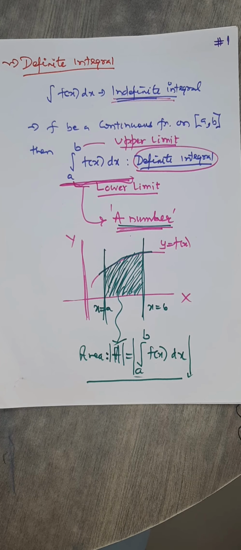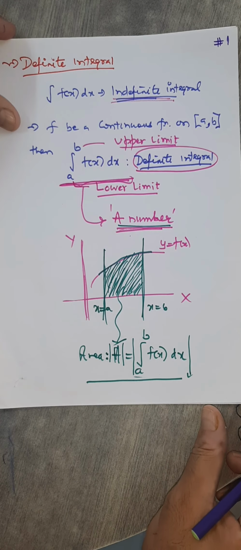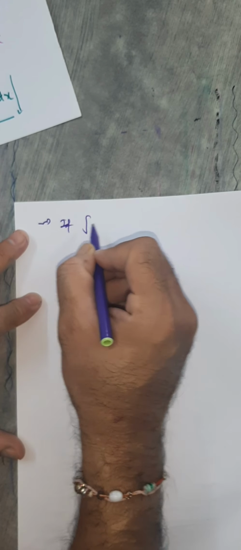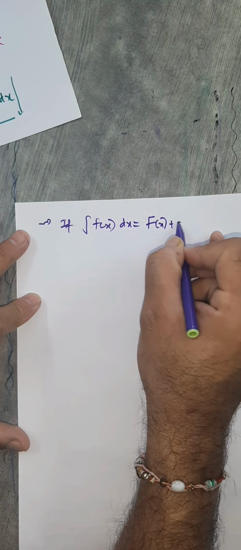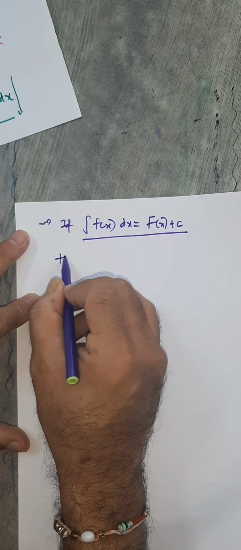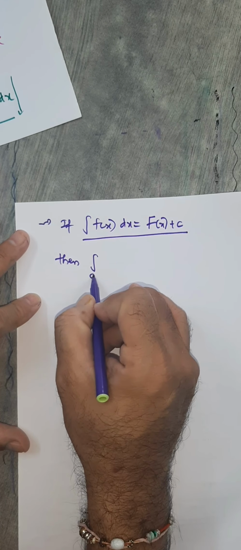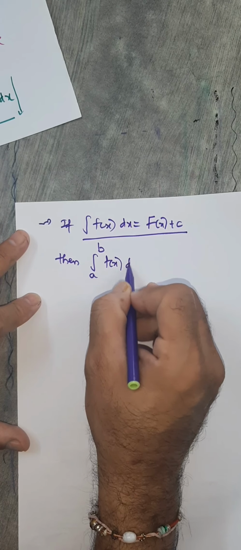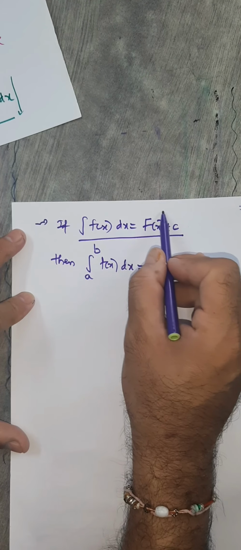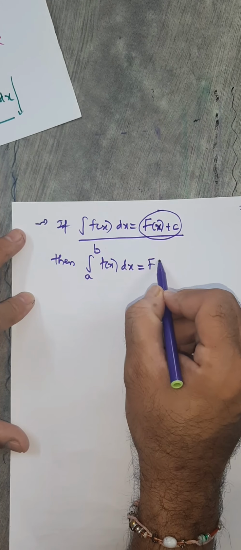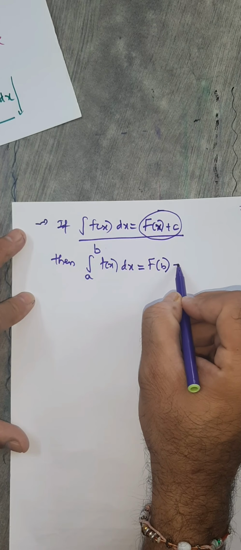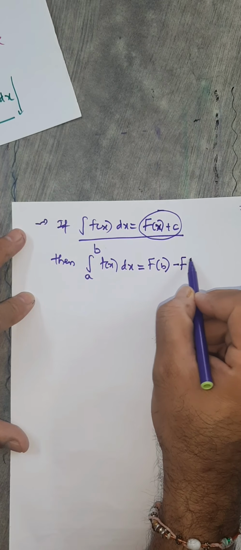Okay, so with this information, let's define the definite integral. The definition is based on indefinite integral only. If we know the indefinite integral of f(x) equals, let's say, capital F(x) plus c, then the definite integral a to b of the function f(x) is given by: in this function, instead of x you put the upper limit first, so F(b), minus, instead of x you put the lower limit, F(a).